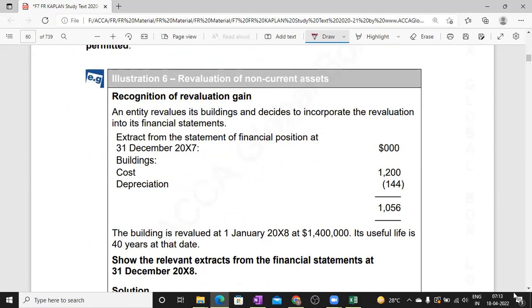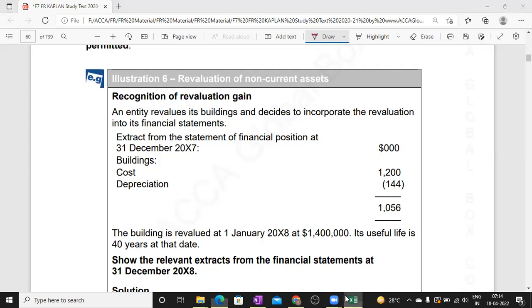The entity revalues its building and decides to incorporate the revaluation into its financial statements. Coming to building cost and depreciation: the building was revalued on 1st January 2008 at 114 lakh. Its useful life is 40 years. Show the relevant extract from the financial statements at 31st December.